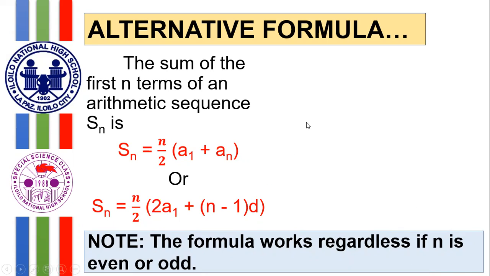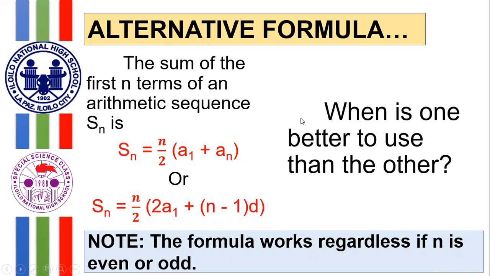And the next question is, when is one formula better to use than the other? What do you think? You may pause the video and think about it, and let's confirm your answer. Remember this. It's better to use the first formula if the last term of the sequence is given.